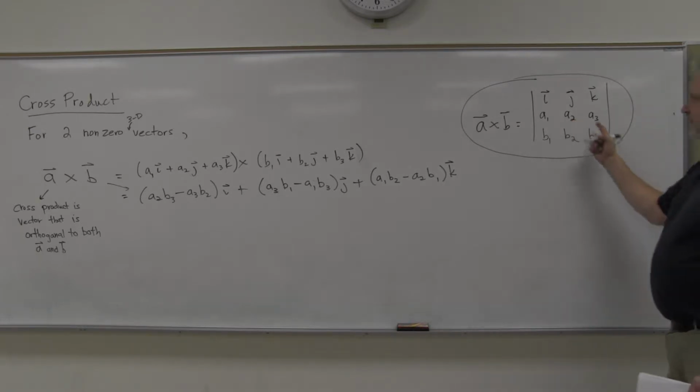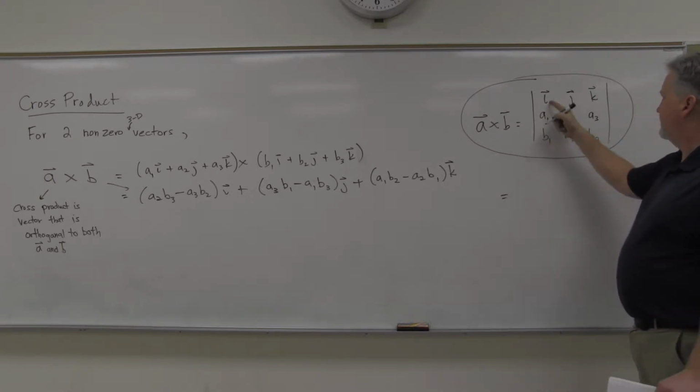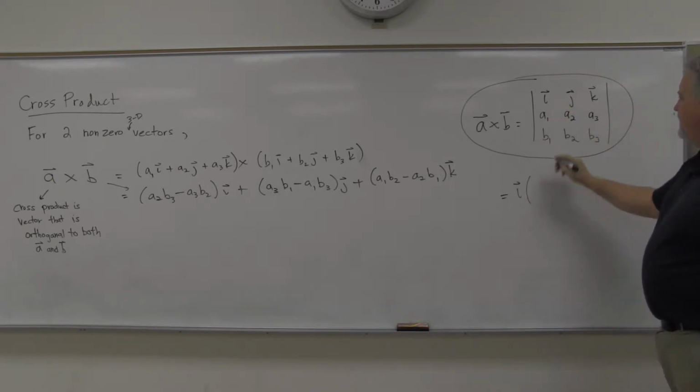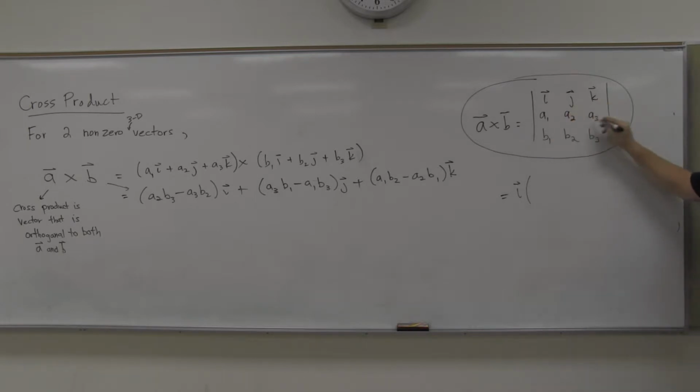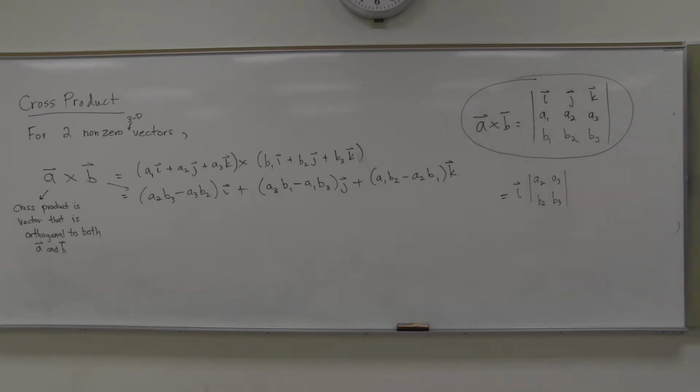You see here that what you get is what we got there. Remember how we did it, just to verify that it's the same. It'd be I times this one right here: A2, A3, B2, B3, that 2 by 2 determinant. Then minus J times, forgetting the top line and the middle row, A1, A3, B1, B3.